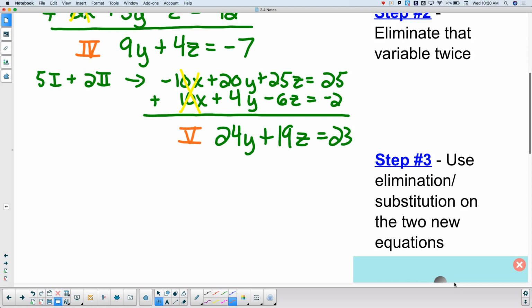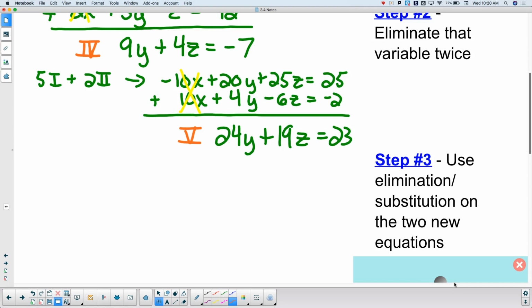Okay? Now, the downfall with 3x3 eliminations is that these equations 4 and 5 aren't necessarily going to be the nicest ones to do substitution or elimination on. So your numbers might get a little large.